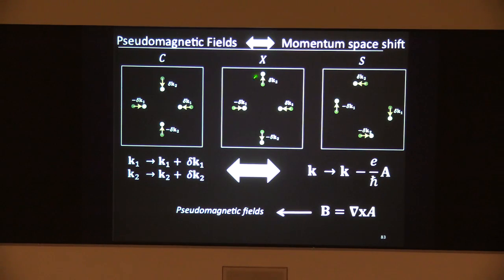A pair shift outwards and two shift inwards. And this is shear strain where they shift sideways. So no matter how the Dirac points change, you can write the momentum space positions as the original position plus some shift. And that looks exactly like having a vector potential in the system. And as long as curl of A is not zero, you can get an effective pseudomagnetic field. Is it clear? Okay.